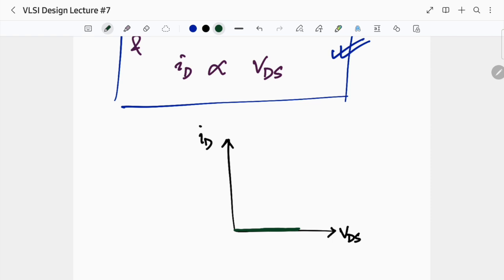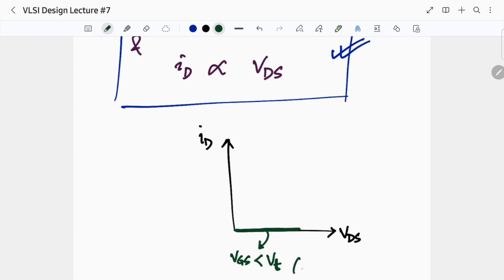If the MOSFET is not on, will it give you any kind of output? No, right? So when VGS is less than VT, at that time, will we get any kind of output? No. So that is why our current is on the x-axis, meaning it is completely zero.